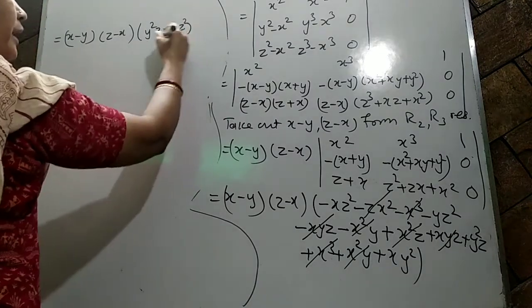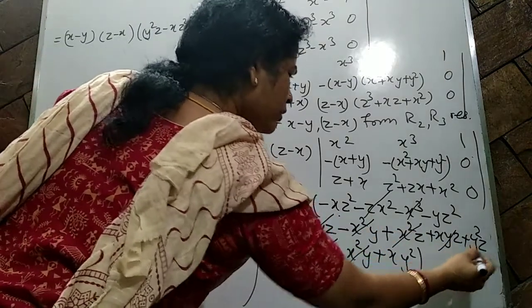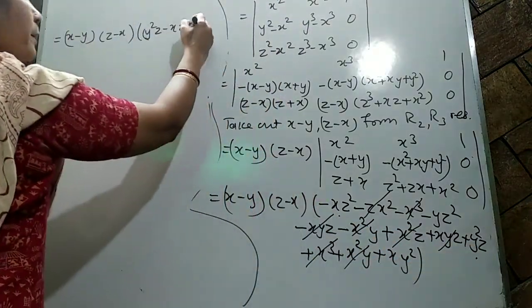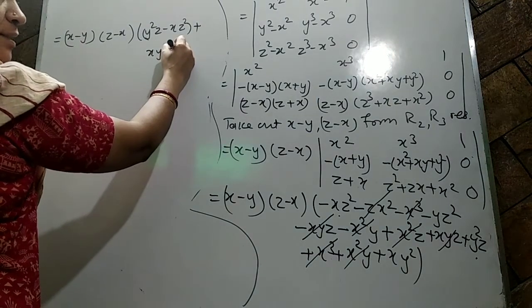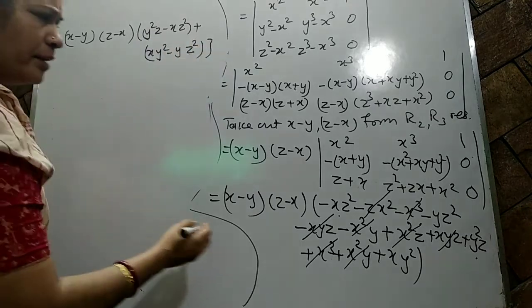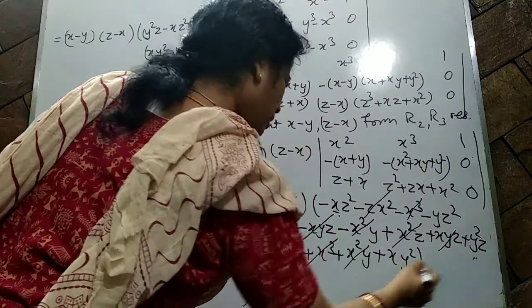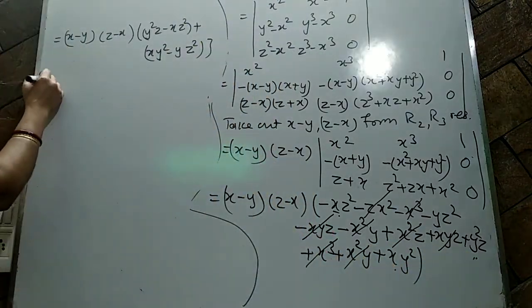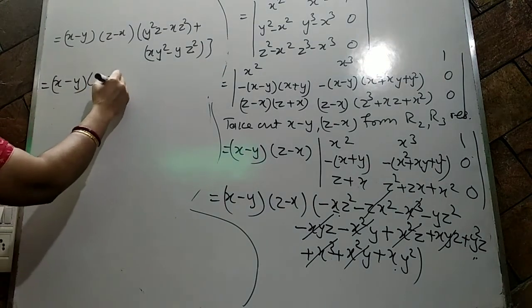Next we have another one: x y square, and then xy square minus y z square. I have written here 4 terms. x minus y into z minus x.